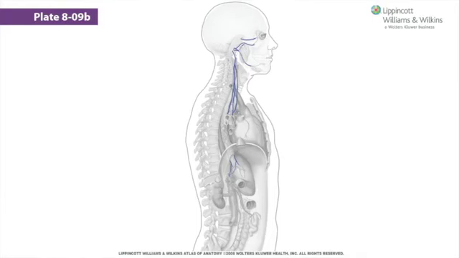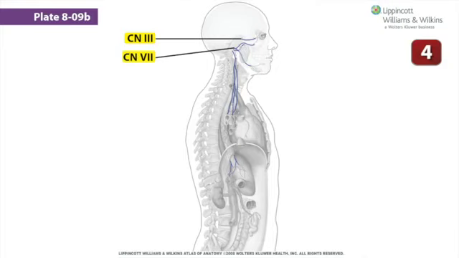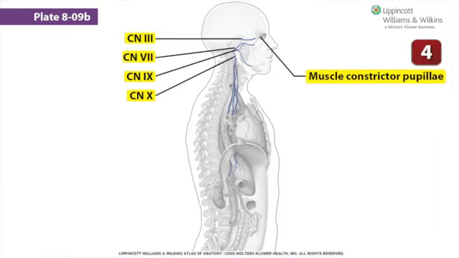The cranio part of the parasympathetic nervous system are the preganglionic parasympathetic fibers that leave the brain through cranial nerves 3, 7, 9, and 10. These fibers synapse at one of 4 parasympathetic ganglia found in the head outside the cranial cavity. The postganglionic parasympathetic fibers then continue to smooth muscles such as the constrictor pupillae, which constricts the pupil.